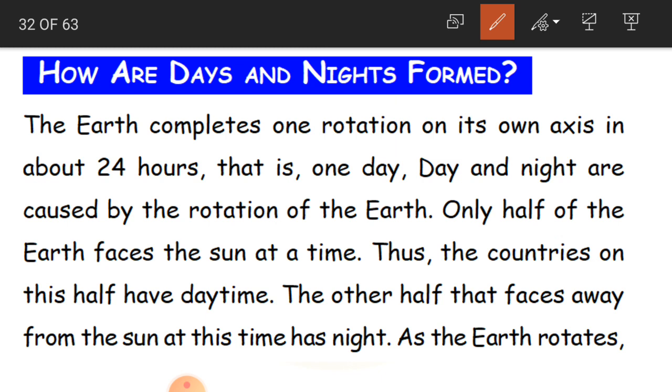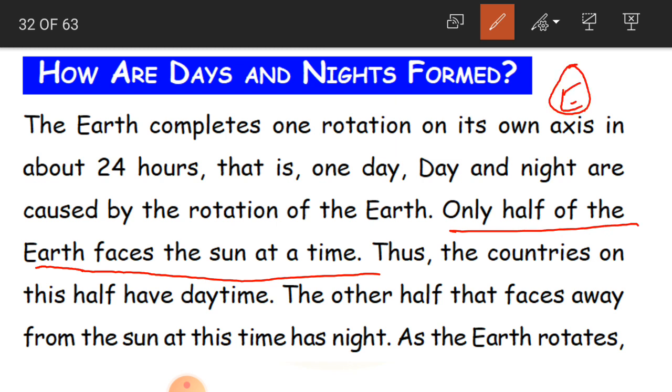So only half of the earth faces the sun at a time. That's what I was telling you. If this is the earth, children, only half part of the earth will be facing the sun at a time. And the other part, what happens? It will be dark because there is no light on that side. Thus the countries on this half have daytime.